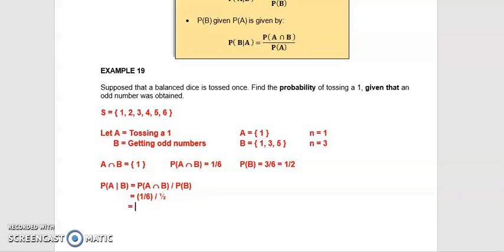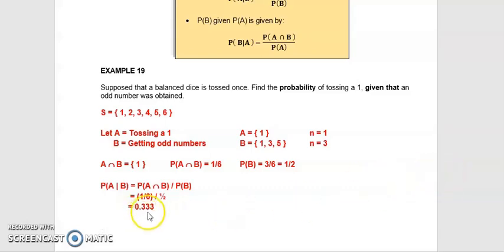So we will get 0.333. You can give the answer in 2 decimal points, 3 also no problem, 4 also no problem. Again, make sure when you calculate probability, the answer must be from 0 to 1. It cannot be more than 1 and cannot be negative.